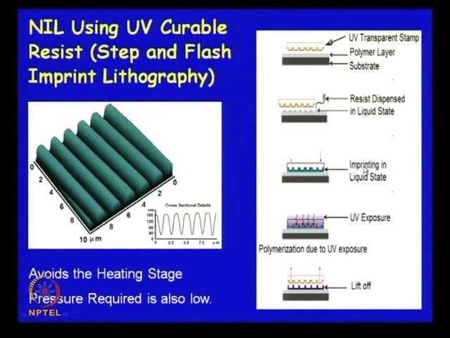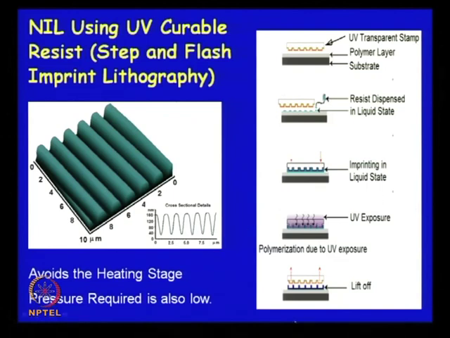By UV exposure there is chemical polymerization within this polymer, or in other words there is cross linking within the polymer, and the patterns become permanent and freeze.